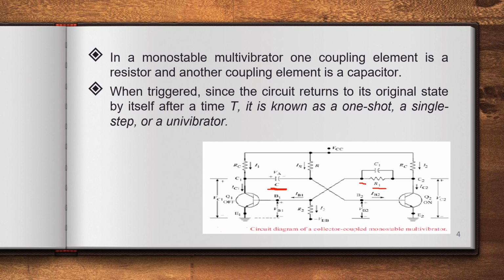When triggered, since the circuit returns to its original state by itself without requiring any external triggering, it comes back to its original state after a time capital T period. For this reason, the monostable multivibrator is also known by other names like one shot, a single step, or a uni-vibrator.